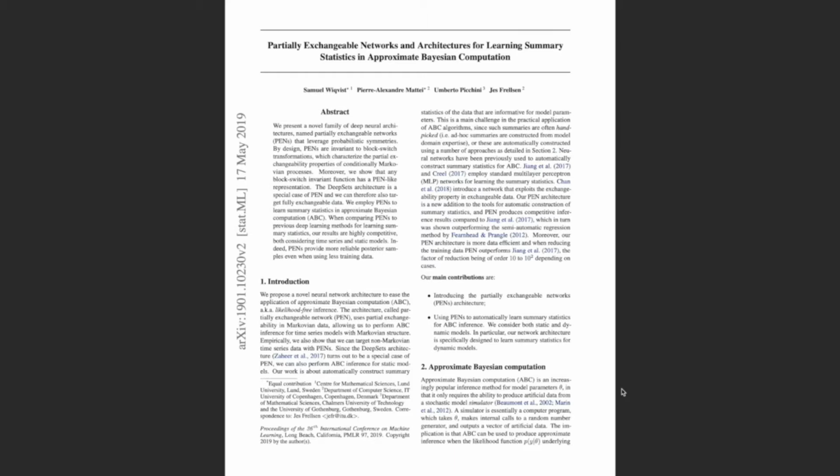From the abstract, we can see that they're using the partially exchangeable networks, and it has some advantages: it is invariant to block switch transformations, and this is also the case for the Markovian process.